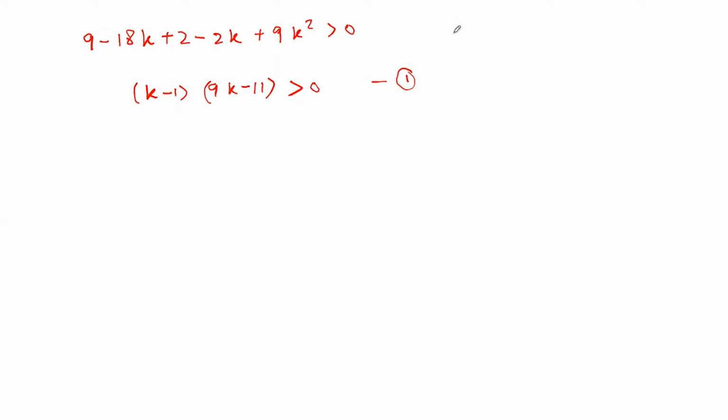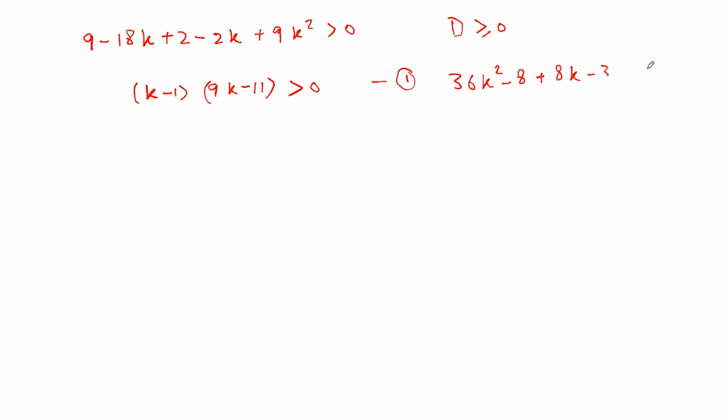For discriminant D greater than or equal to 0, this is 36k square minus 8 plus 8k minus 36k square.